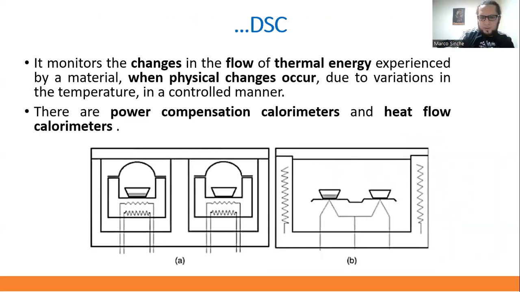In the equipment, we could have two main options, which are power compensation calorimeters and heat flow calorimeters. They are similar in the principles, but as we could see here, the changes are related to the type of heating, according to the objective.